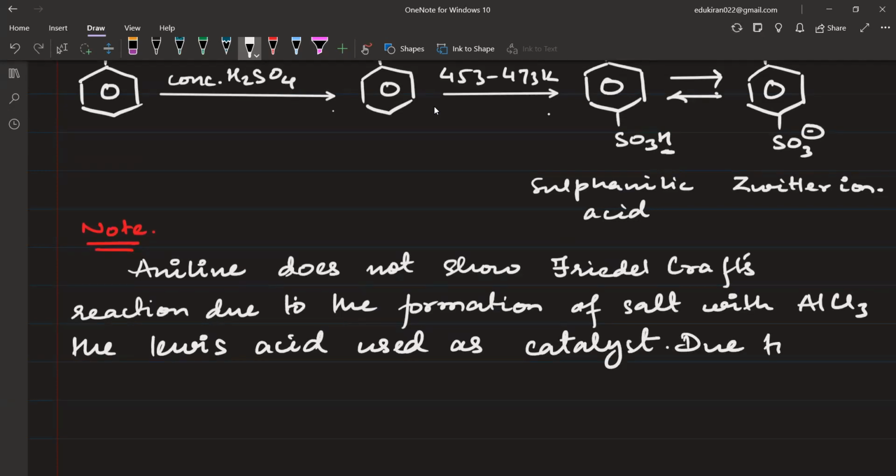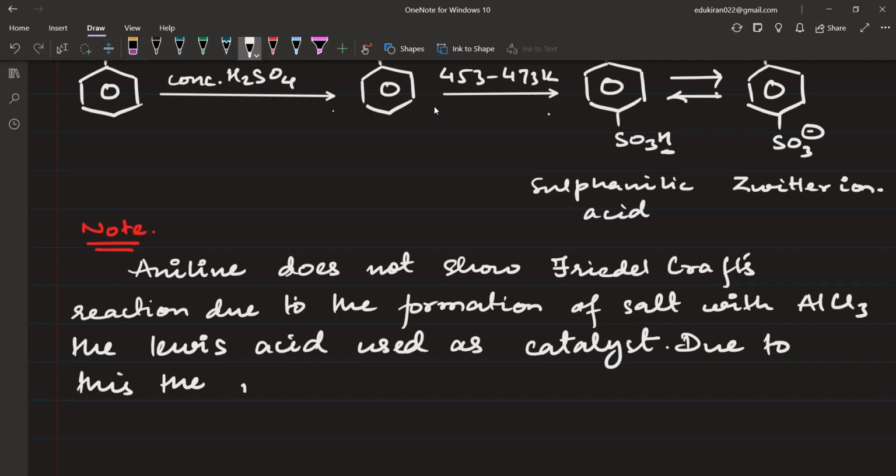Due to this, the NH2 becomes acidic again.